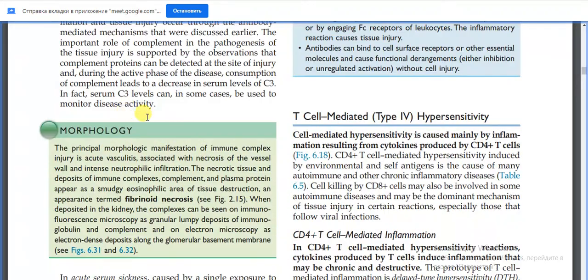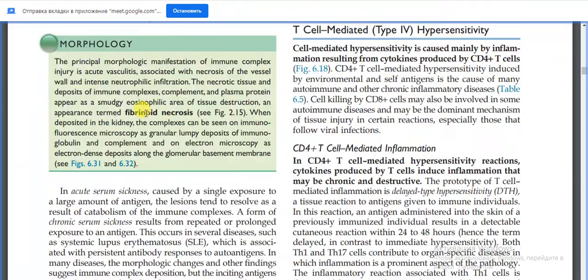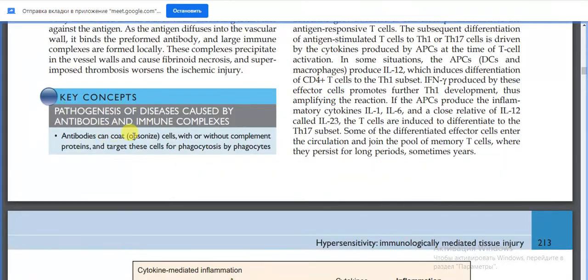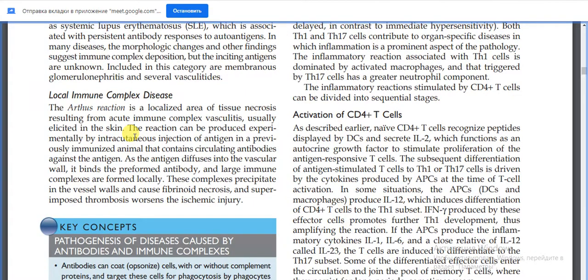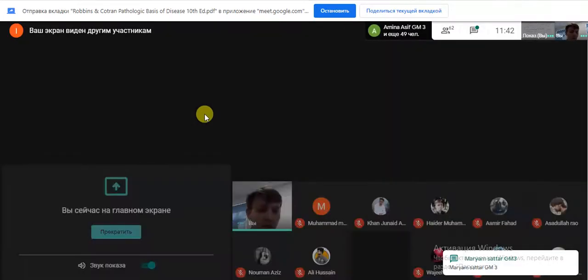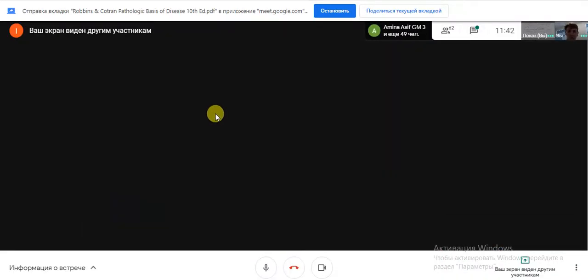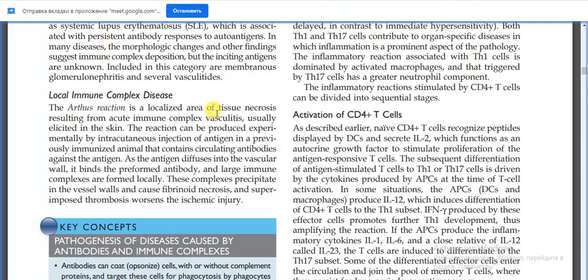Example: in Kyrgyzstan, I don't know how it happens in Pakistan, but in Kyrgyzstan we have the Mantoux reaction. By this we check our immunity against tuberculosis bacteria. It causes an immune response, and almost every one of us possesses this immunity against the tuberculosis bacteria.